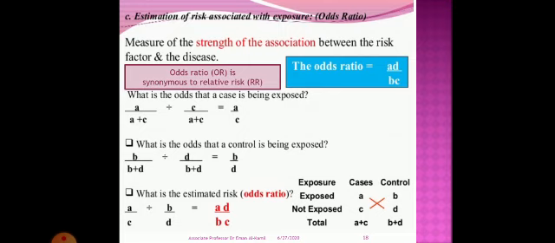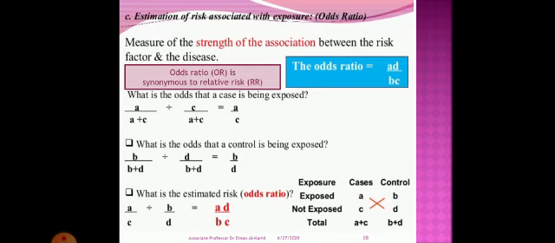So what is the odds that a case is being exposed? It is equal to A divided by A plus C, and it is divided by C, which is the number of the cases with no exposure, divided by A plus C, and it is equal to A over C. This is just the mathematical calculation of how they got the odds ratio.